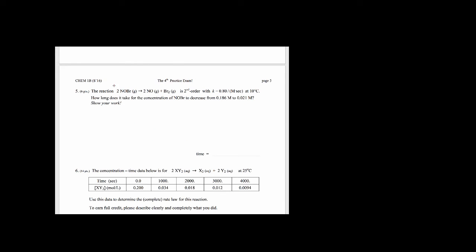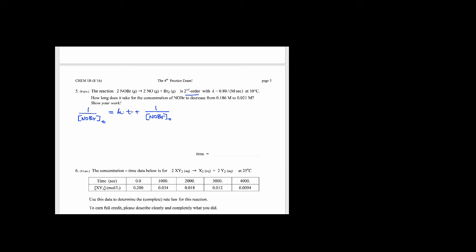Question 5, we have a reaction that is second order, and we're asked how long it takes for the concentration of the reactant NOBr to decrease a certain amount. Since it's second order, we have a second order relationship that we will need to use. 1 over the concentration of NOBr, our reactant, at time t is going to equal kt, the rate constant times the time, plus 1 over the concentration of NOBr at time 0.